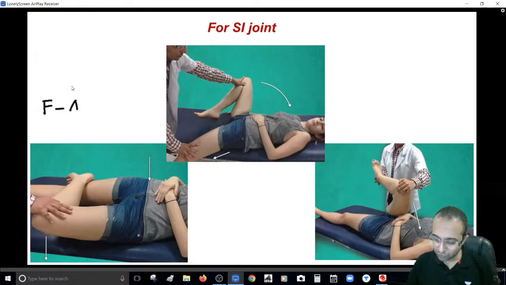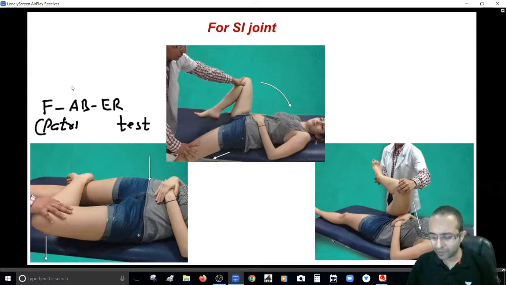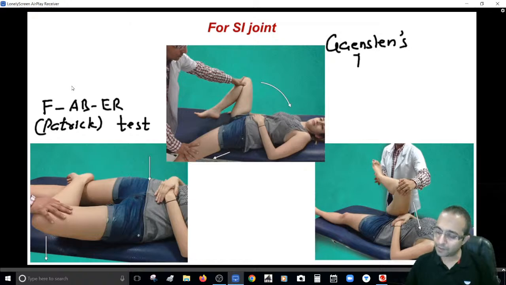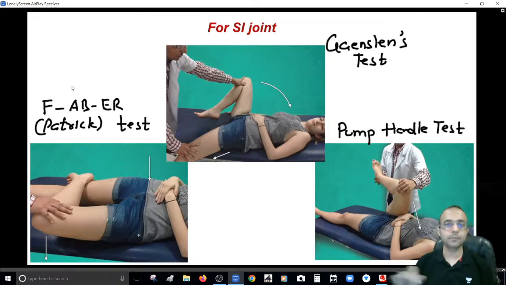So what has been shown in the first picture here is the FABER test. Some people also call it the Patrick test. What is shown over here, that's Gaenslen's test. And what is shown in this picture down here is the pump handle test.